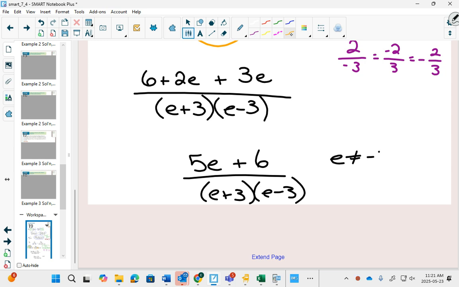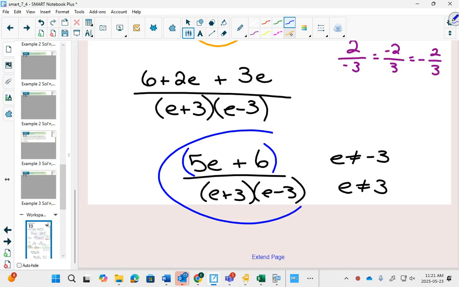Non-permissible values: e can't equal minus 3 and e can't equal plus 3. I check the top. This would all be grouped together. It does not cancel with any identical factor on the bottom. It also has nothing that you could factor out of it. So then this would be our final answer, with things simple.